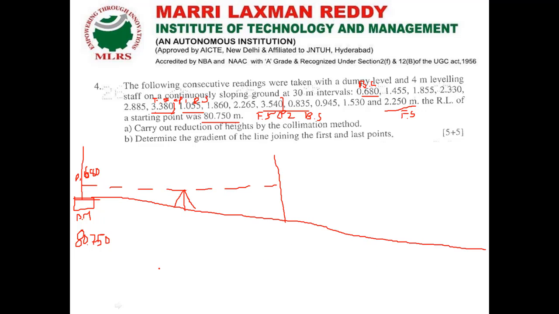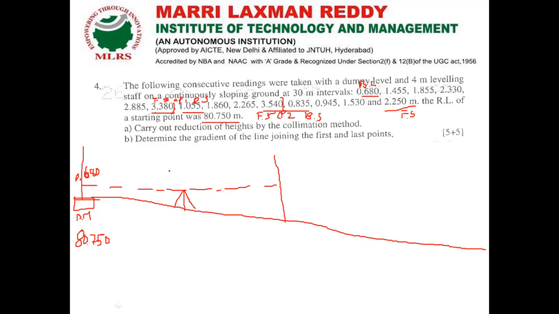Now I need the height of instrument, or height of collimation, of this line. Our benchmark reading plus this reading gives the height of instrument: 80.75 plus 0.680 is 81.43.